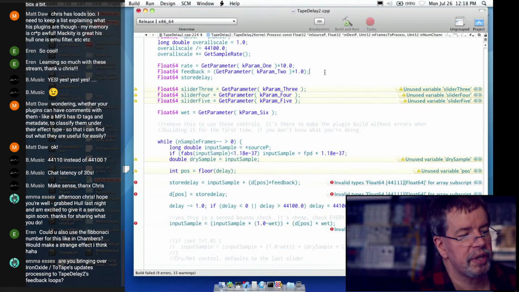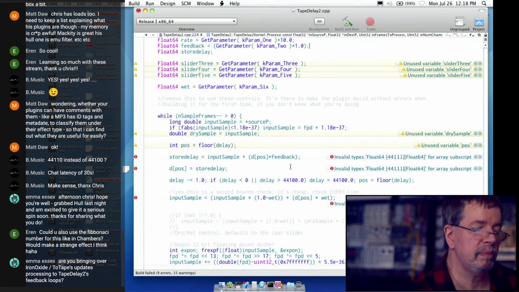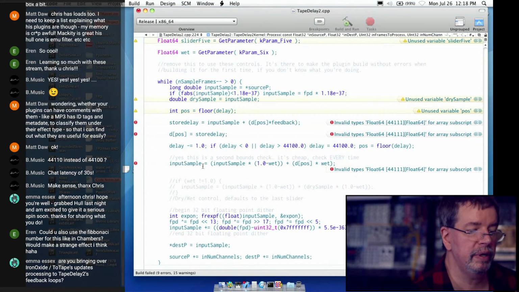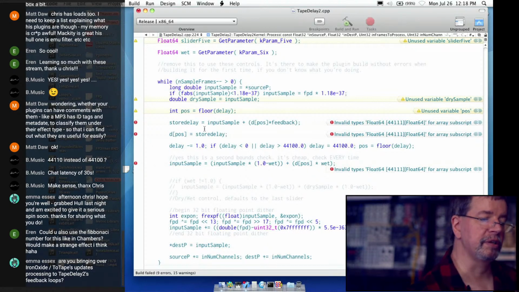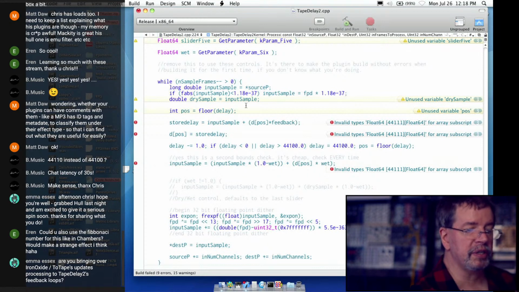See where we're going with this? Rate equals get parameter param1 times 10. As we move this down, and there's some things I'm going to need to do here, but as we move this, instead of going one sample at a time, we can make it move faster.